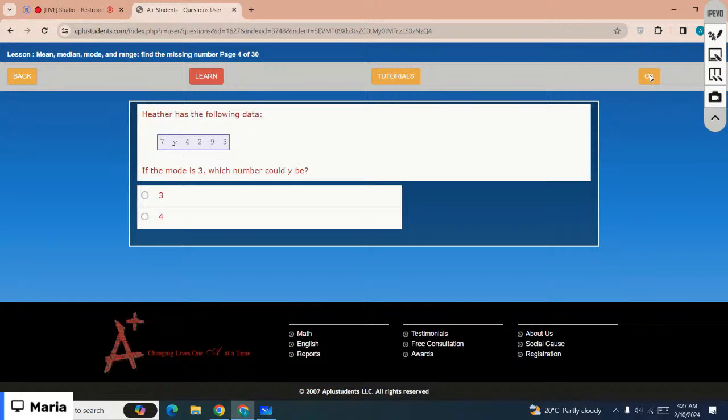Mode is the number that appears the most in the given data. But you can see 3 is only there one time, right? That means the other missing number must be 3. The correct option is 3.